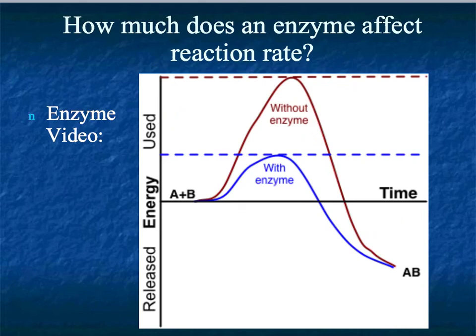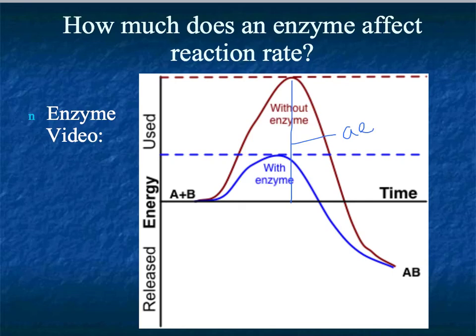So how much does an enzyme affect the reaction rate? Again, we might try and watch some of this enzyme video. I'm not sure if you have access to the link, maybe directly on the PowerPoint. But when we look at the energy involved, without the enzyme there's going to be a lot of energy required, our activation energy, which I'm just going to call AE for now. So that's the amount of energy needed to get this reaction going.